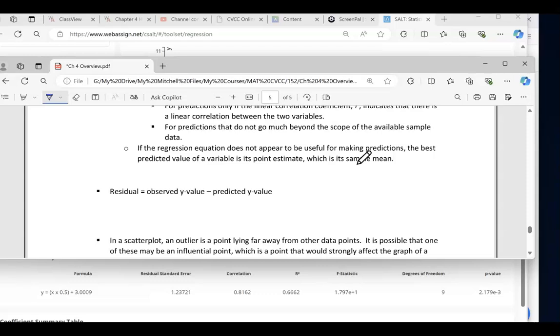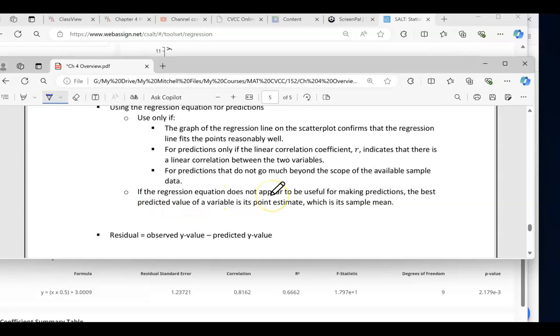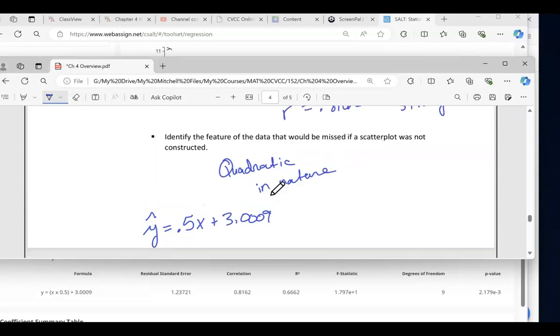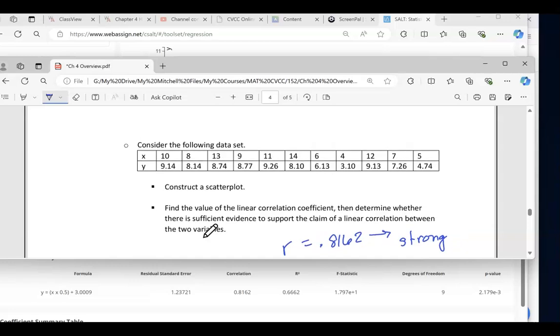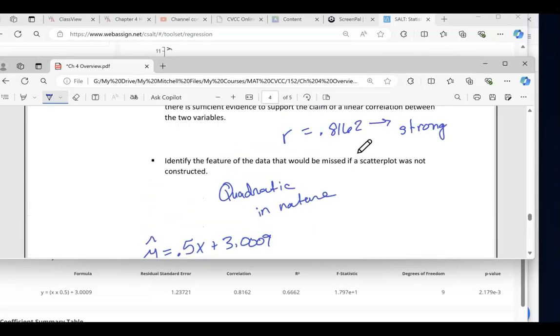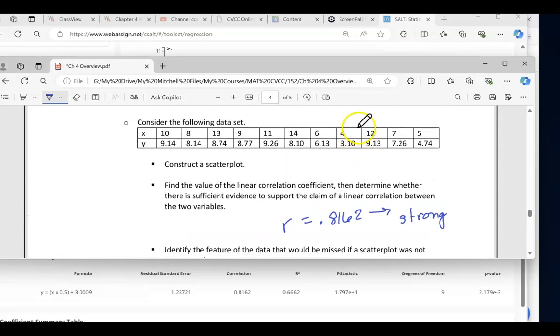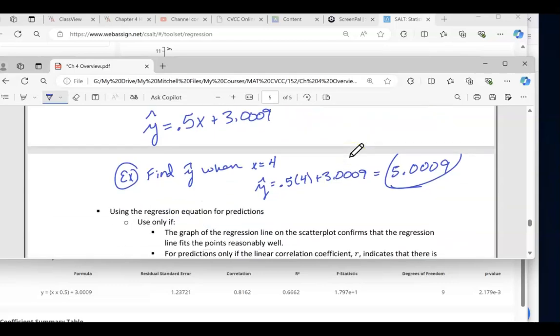So the next thing we can talk about is a residual. The residual is the observed y value minus the predicted y value. So let's look at an example here. We've got this correlation and we've got this data set. We plugged in the value of 4. So the actual value when we plugged in 4 should have been 3.10.